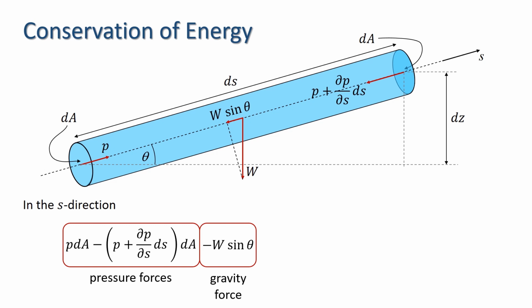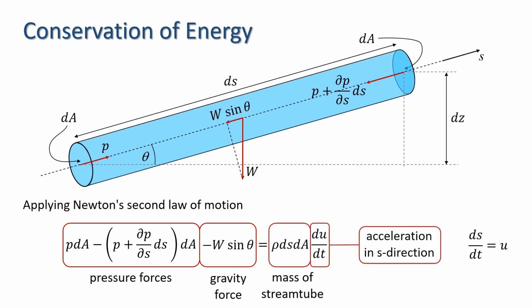Now we apply Newton's second law of motion, which states that force equals mass times acceleration. We've already worked out the sum of the forces here, so we equate that to rho ds dA times du/dt, where u is the velocity in the s direction.